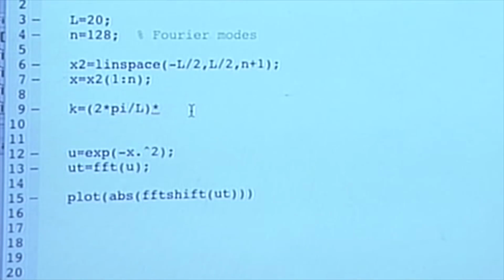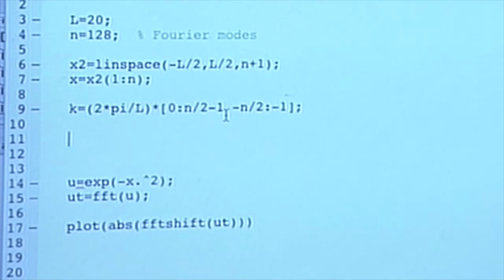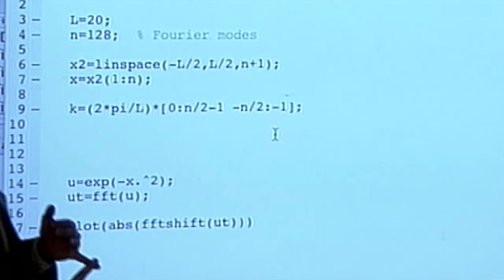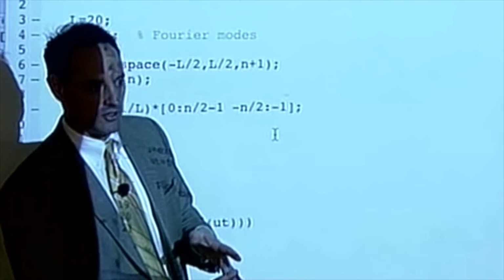Now what I want to do is define the Fourier coefficients, and here they are. Now this seems a little bit crazy, but remember I have things like cosine 1x, cosine 2x, cosine 3x, cosine 4x.